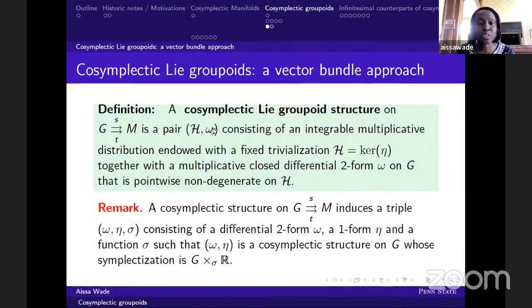By a cosymplectic Lie groupoid, I mean a pair (H, omega), where H is an integral multiplicative distribution that comes with a fixed trivialization, meaning that eta is given, and with this, a multiplicative closed two-form omega. What I want is for this omega to be pointwise non-degenerate on H.